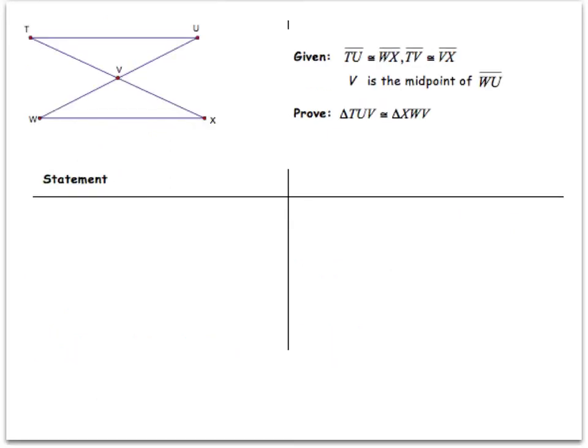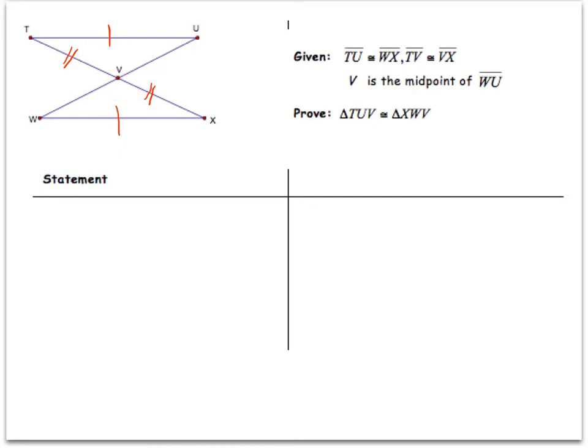In this figure, we have that side TU is congruent to WX, that's in the given, and TV is congruent to VX. So I'm going to put 2 dash marks. The third piece of information is that V is the midpoint of line segment WU. Remember, what a midpoint does is it splits the line segment in two equal or two congruent segments.